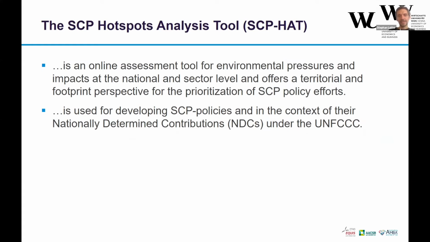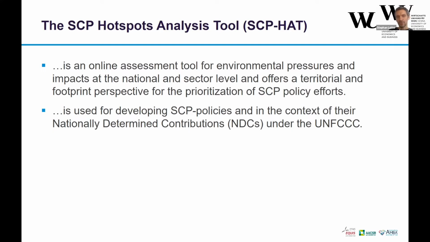So very briefly, and I know it's a challenge to present an online tool in 5 minutes only, but the idea is to provide a tool that assesses environmental pressures and impacts at both the national and sector level, and at the same time offering territorial and the footprint perspective in order to allow you to prioritize areas where to start your SCP policy efforts.